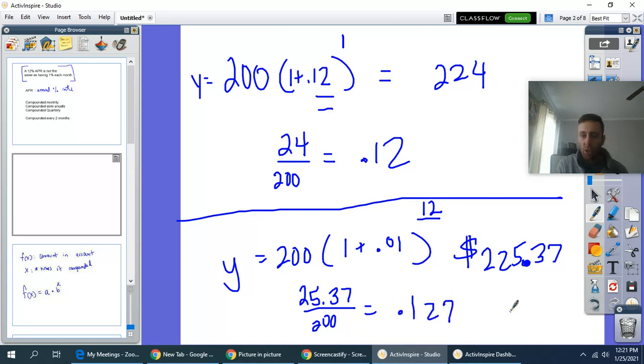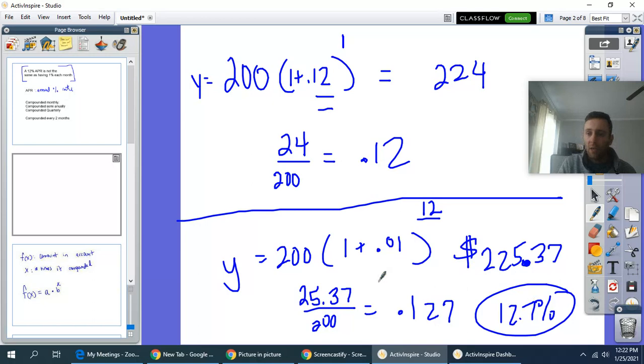So instead of being a 12% annual percentage rate, even though it seems like it would be the same, it ends up being a little bit more than 12%. Even 1% every month is going to be more than just 12% at the end of the year. So hopefully you learned that compounding more, or multiplying more times, is going to get you more money. That's what you learned last time.